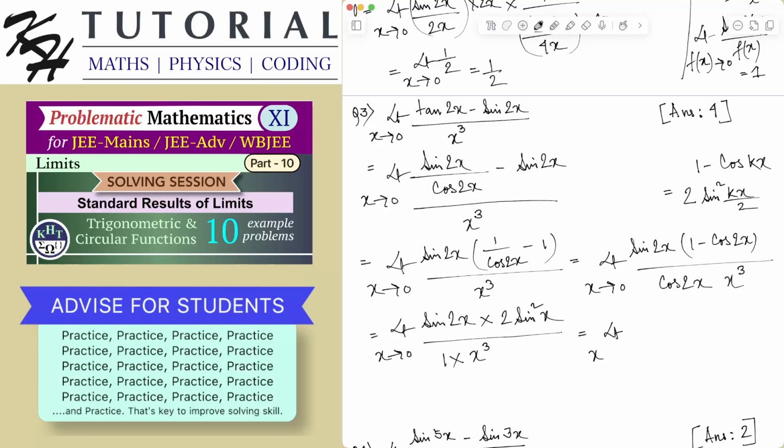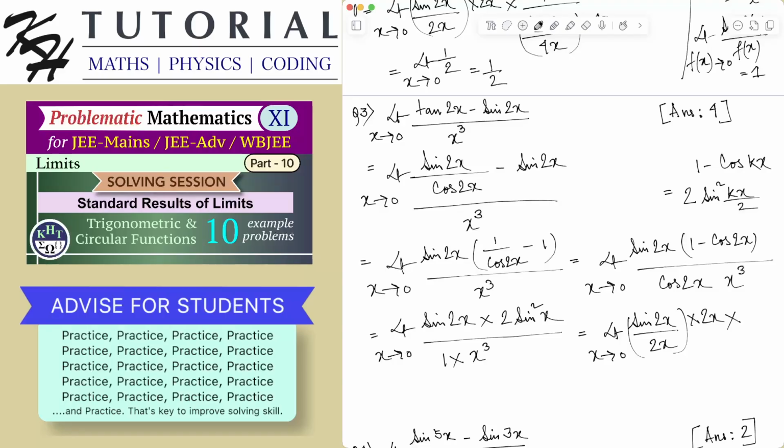So limit x tending to 0, for sine 2x I need 2x. Since I have created 2x in the denominator, I will have to adjust it, and 2 sine square x.